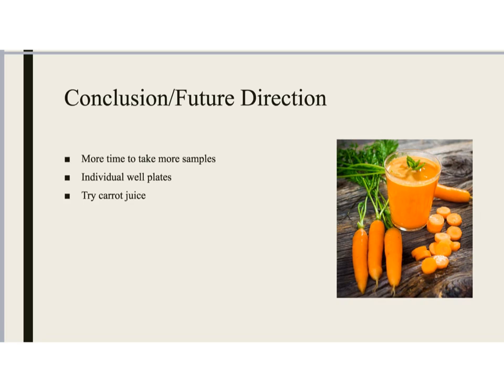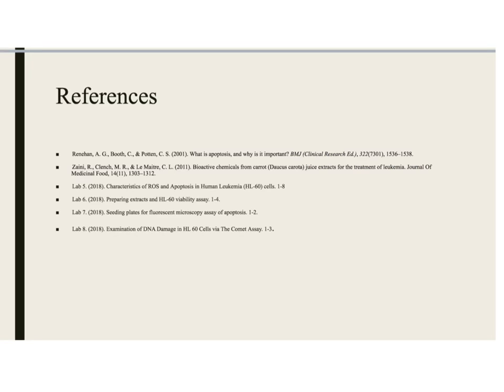Next, I would like to use an individual well plate. This will help cut down on contamination, and also people may be getting their treatment into my plate. This way I can focus on making sure it's only my treatment. And lastly, I would try carrot juice, since that's what the study I looked at previously used, and I would like to compare that data to what I found in my raw carrots.